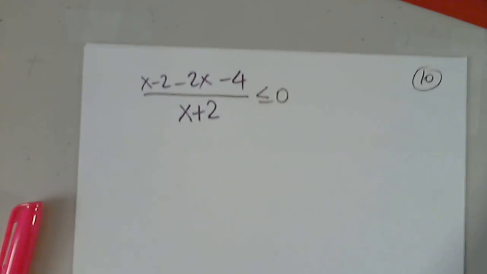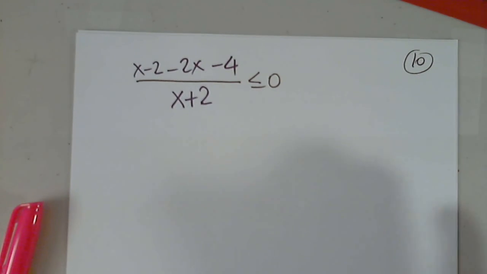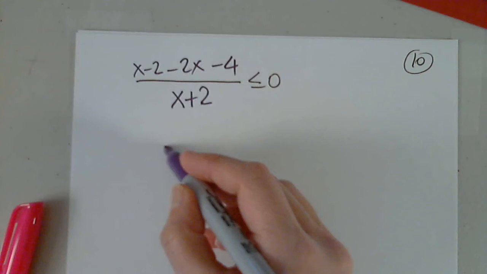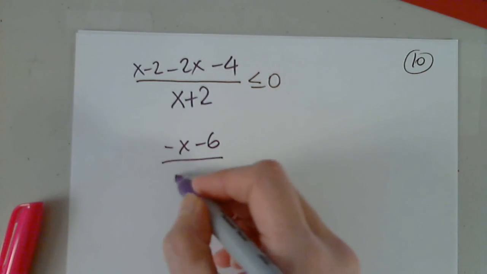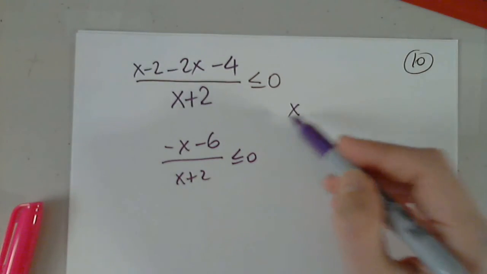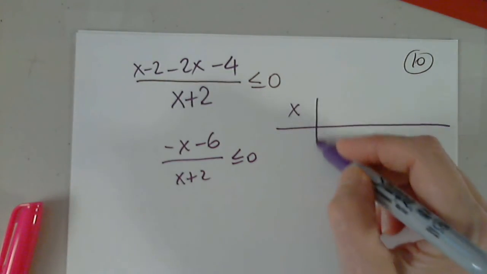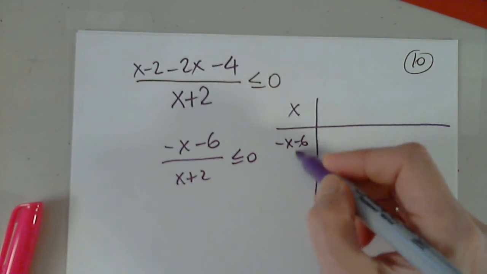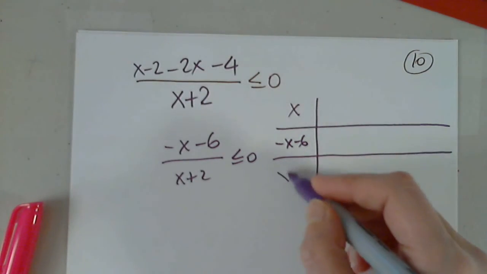Combine like terms. As you see, this is more work, not just the table and we're done, right? So the top becomes -x minus 6, and the denominator is x plus 2, less than or equal to 0. Good. Two factors, -x minus 6 and x plus 2.